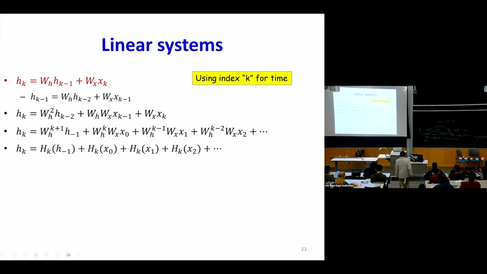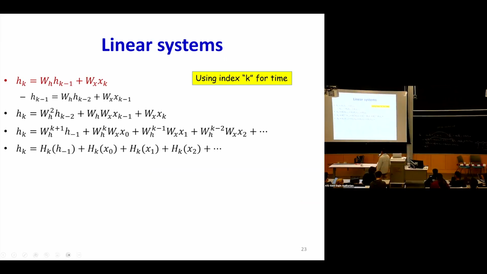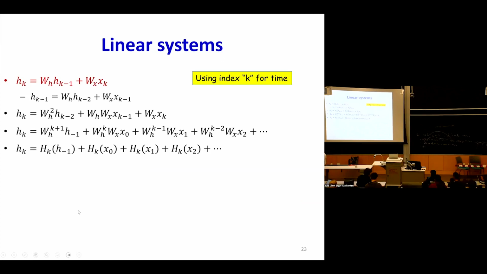And so this h_k over here is, in each case, the response at time k for an input at the time indicated within the parentheses. Is this notation making sense to everybody?